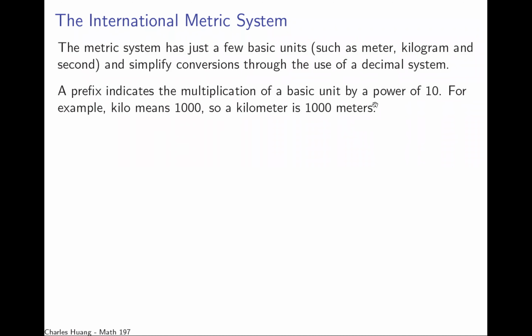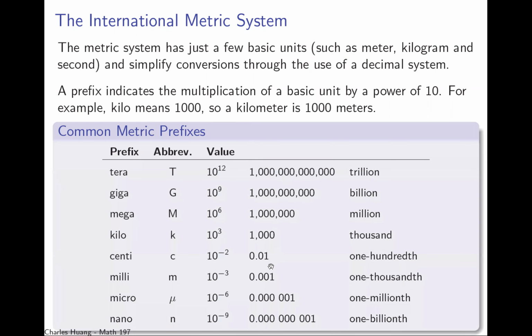You'll notice when we have the centimeters that we just used, or kilometer, these numbers are really nice round numbers in powers of 10. And this is called the metric system. In the metric system, for example, the word kilo means 1,000.